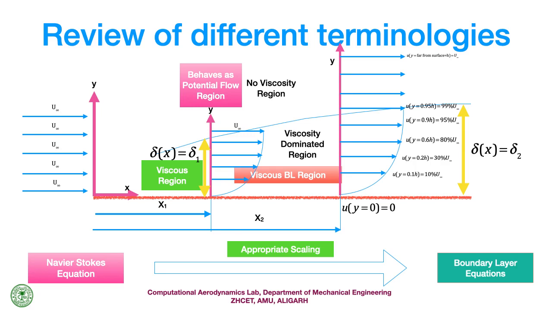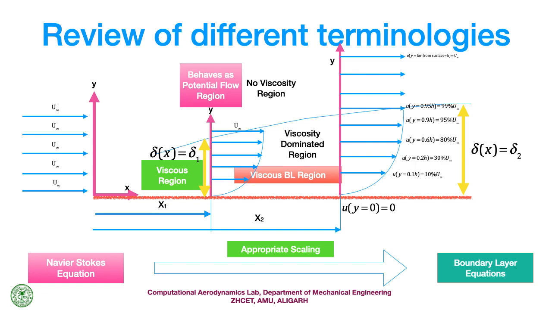The no viscosity region behaves as the potential flow region, while the viscous boundary layer behaves as the viscosity dominated region. The length at the interface, at the position where u is equal to 0.99 times the free stream velocity, is known as the boundary layer thickness.